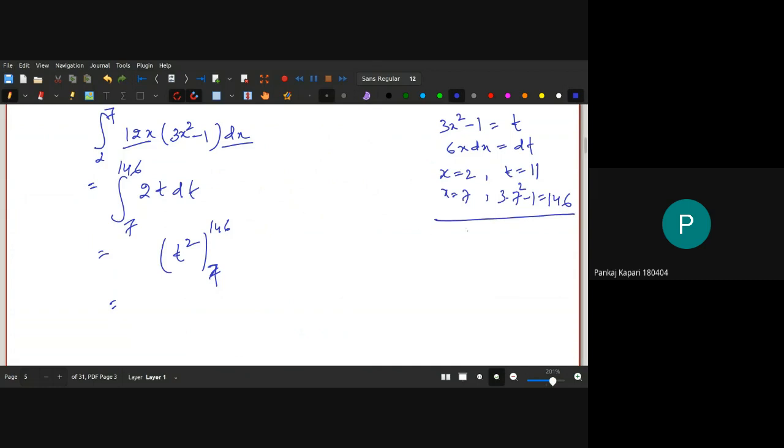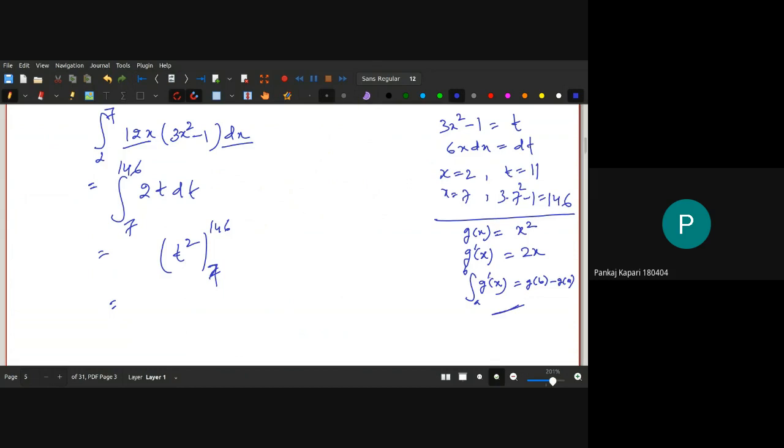Because we know that if you take the function g(x) to be x square, then the derivative of g(x) is 2 times x, right? Therefore, if you want to integrate the derivative, because they are reverse processes of each other, from a to b, you must get g(b) minus g(a).